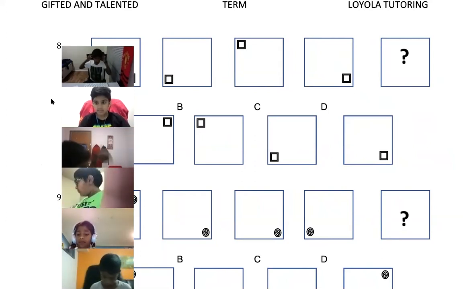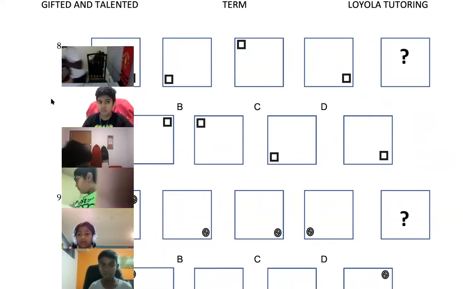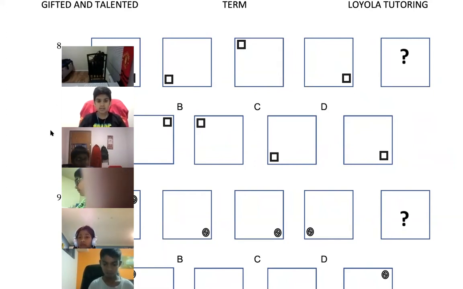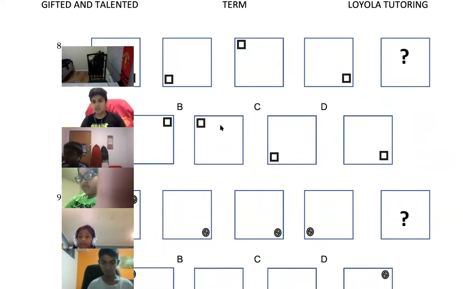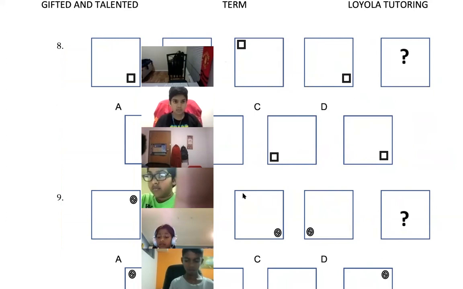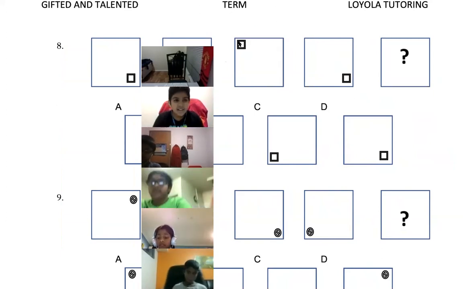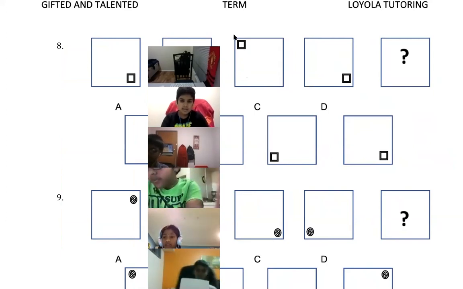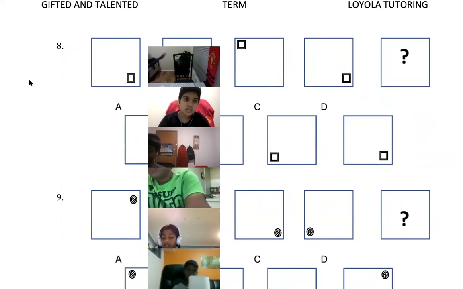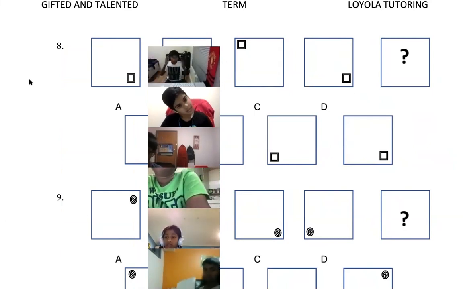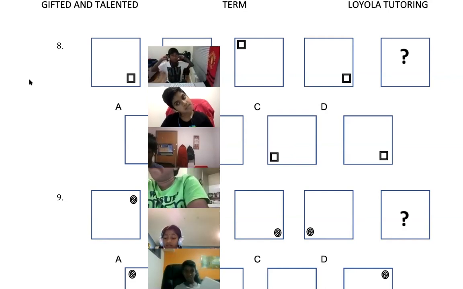My answer accidentally. Oh my gosh. I didn't receive it. You didn't? Nope. I said D for 7. No, I didn't receive it. Let me check. Should be received.